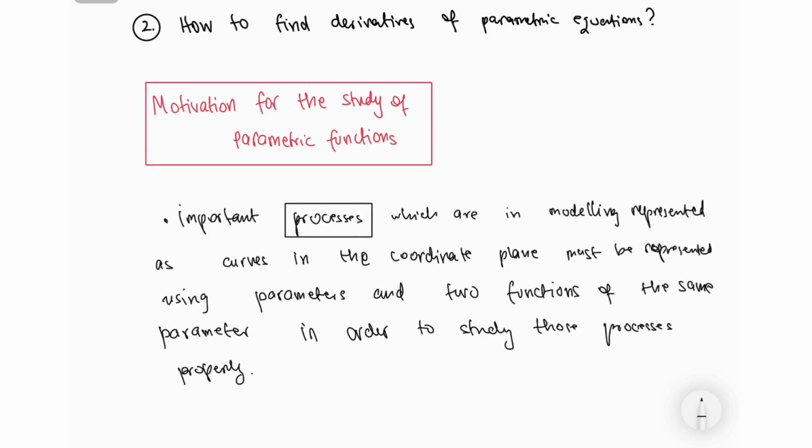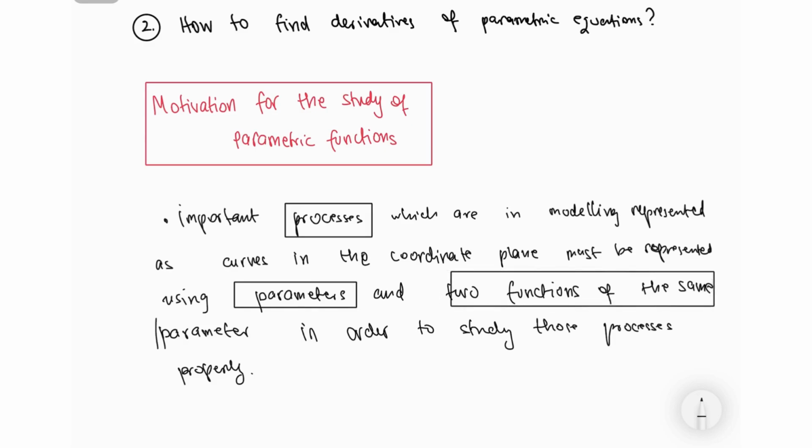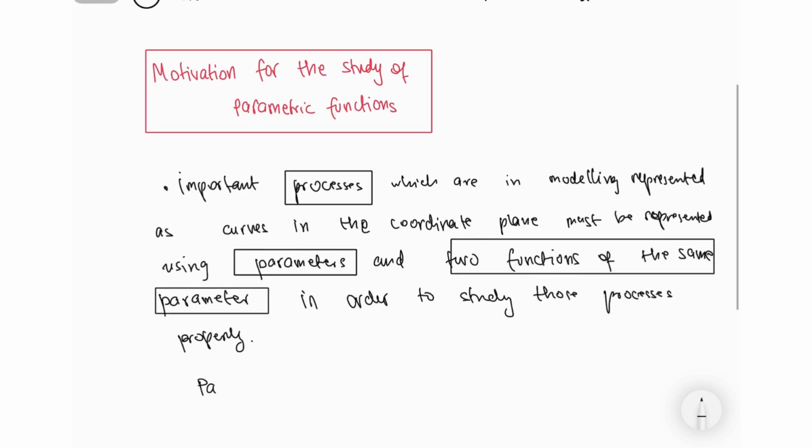Such processes, where we must use parameters and two functions of the same parameter, we call parametric equations of the curve.